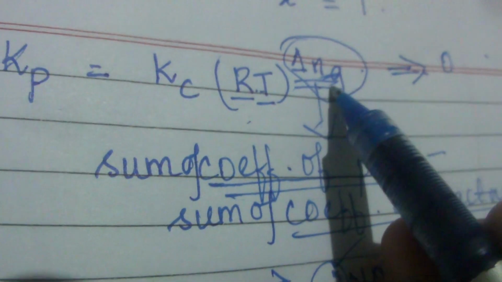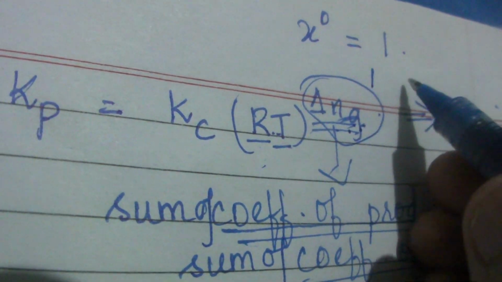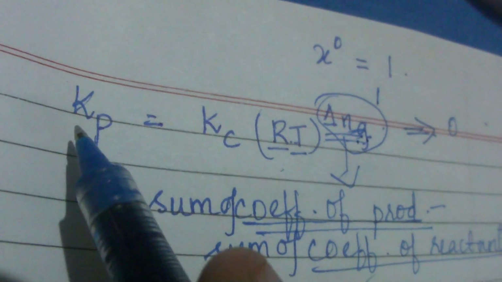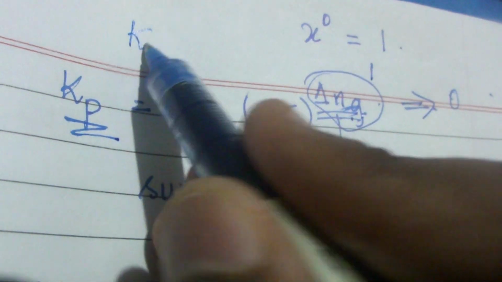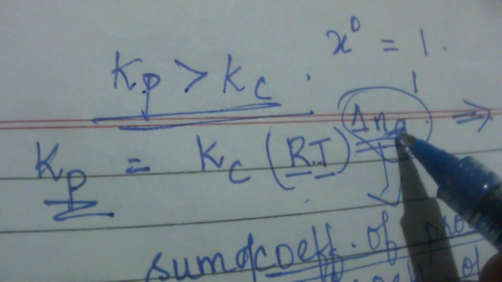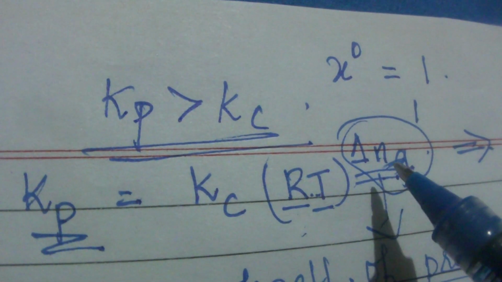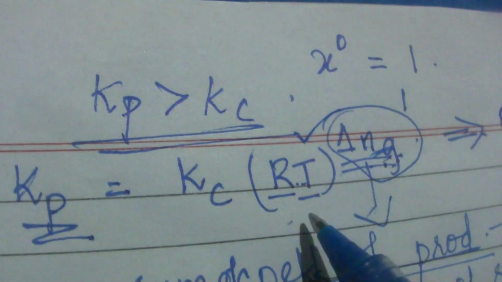And what if delta Ng is positive? It will be like 1 or 2 or something. Then definitely Kp's value will be greater than Kc's value. If it is greater than 0, that is any positive value, this term will definitely be there.